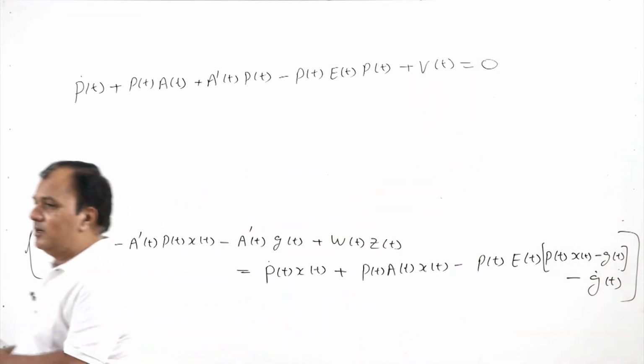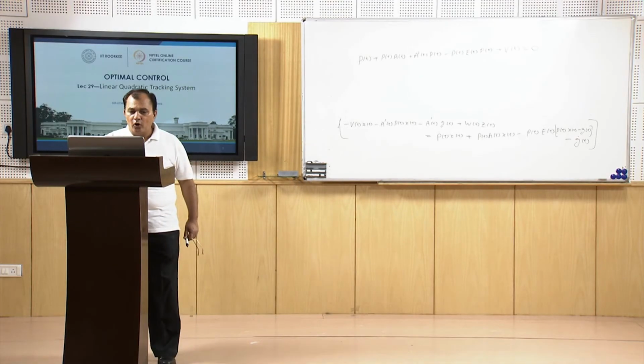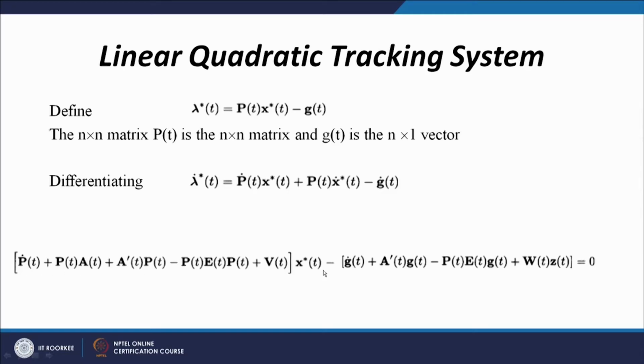What we are saying is that this whole coefficient must be 0, as my x t is arbitrary.